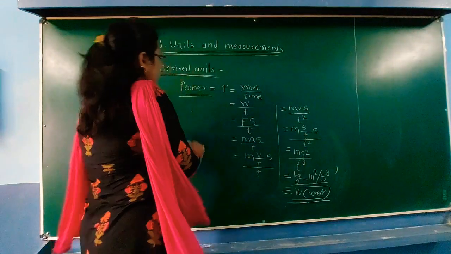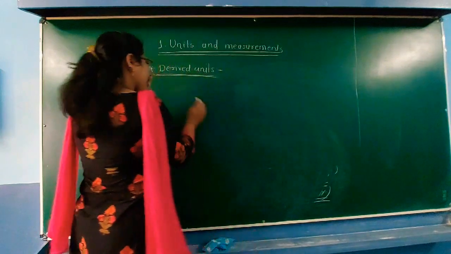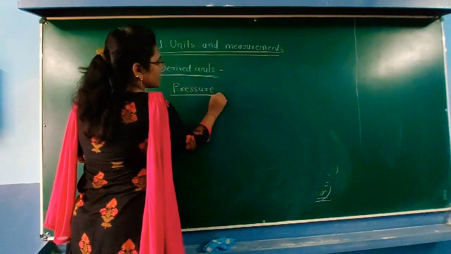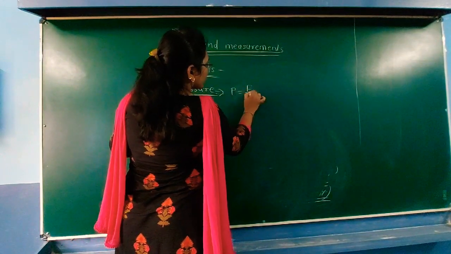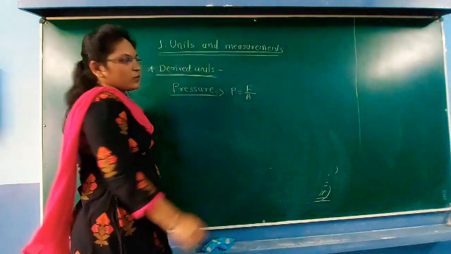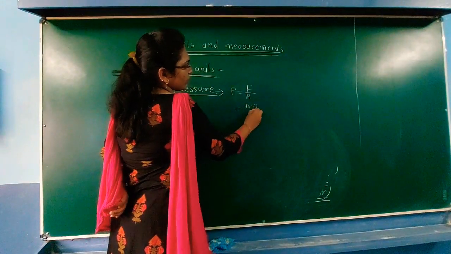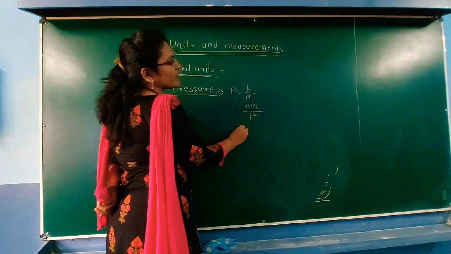Then we will see the next physical quantity, which is pressure. Pressure, P, is equal to force upon area. Force is equal to mass into acceleration, and area means length square.